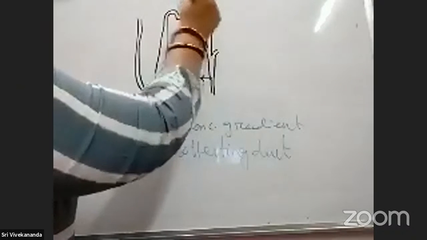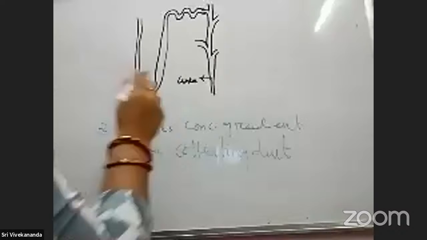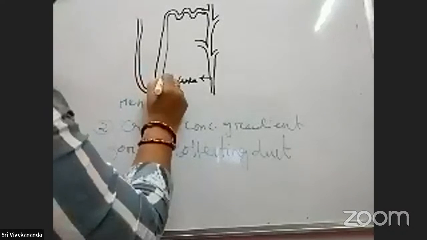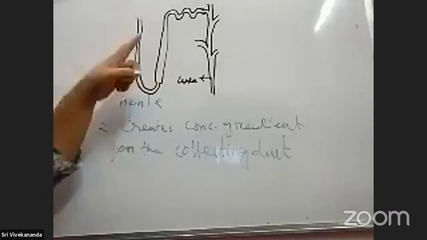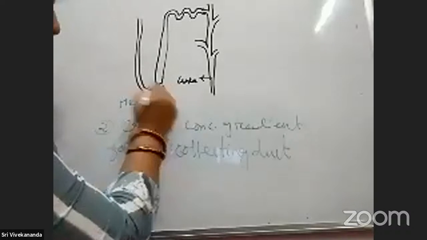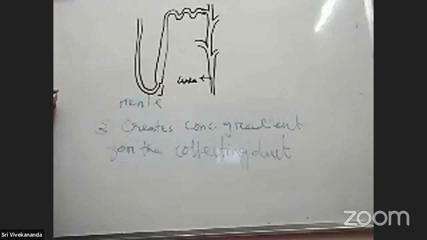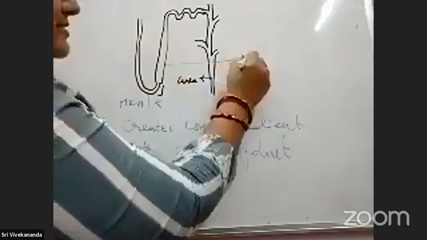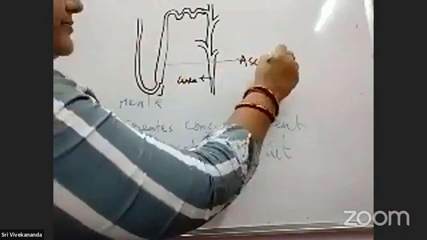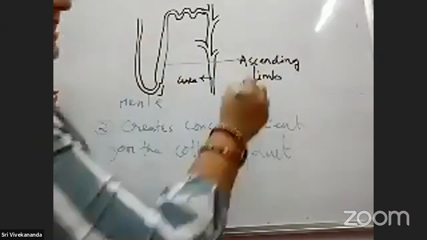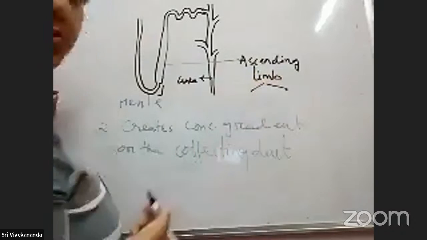If this is our loop of Henle, this is the DCT. This part, as I said, is the thick segment, and there is a very thin segment before it becomes thicker, in the ascending limb. So what is this part? This is our ascending limb. It has two parts.